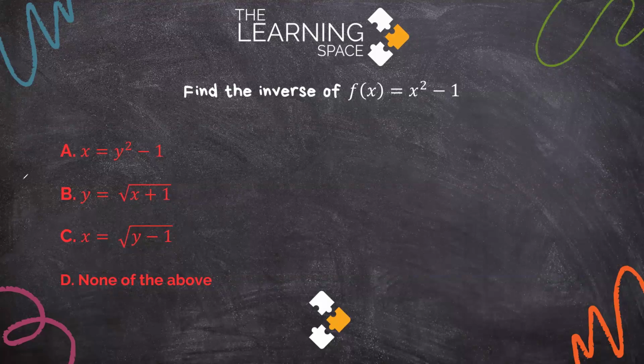Y is equal to x squared minus 1. Now, for the inverse, what do we need to do? We need to swap. So x is equal to y squared minus 1. Okay, then we need to solve for y.